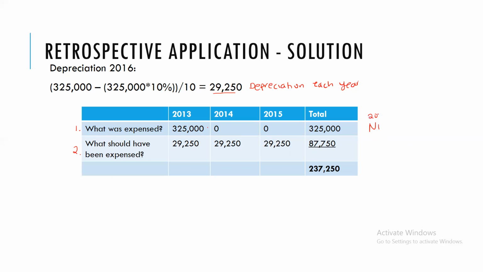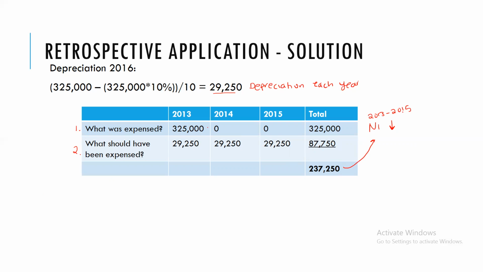From 2013 to 2015, their net income is understated because they expensed 325 when they should have only expensed 87,750. So it's understated by 237,250. Okay, the difference between those two.